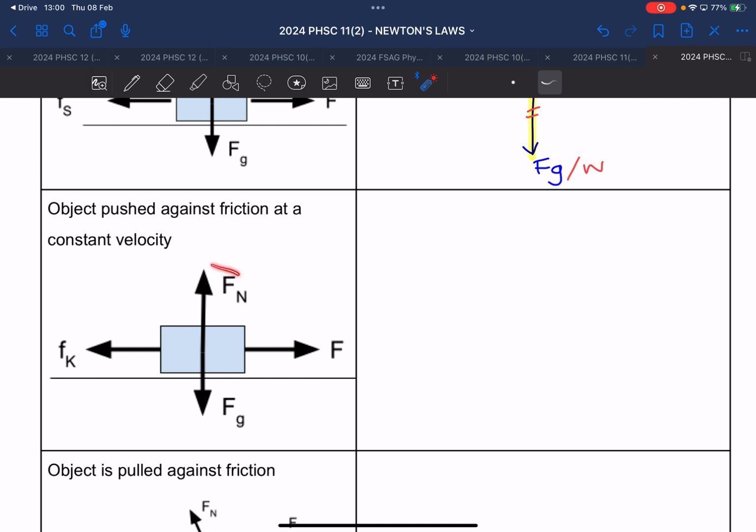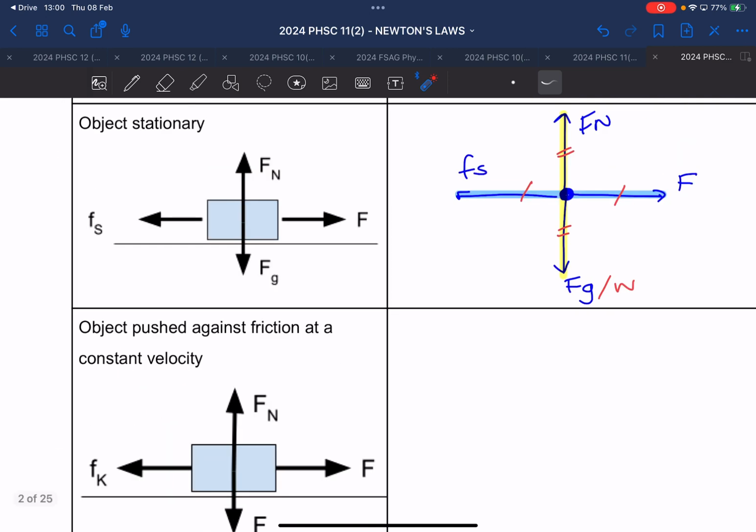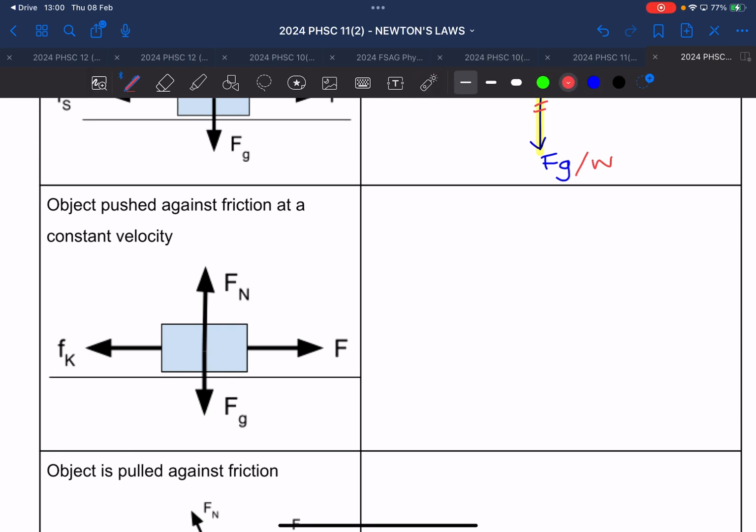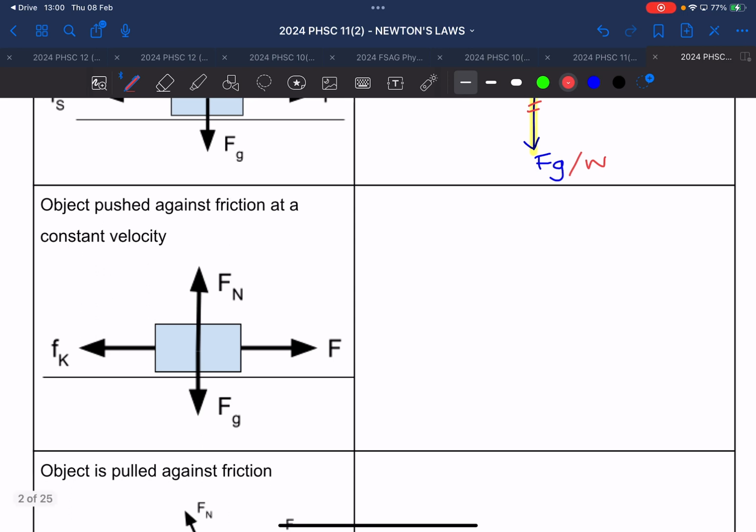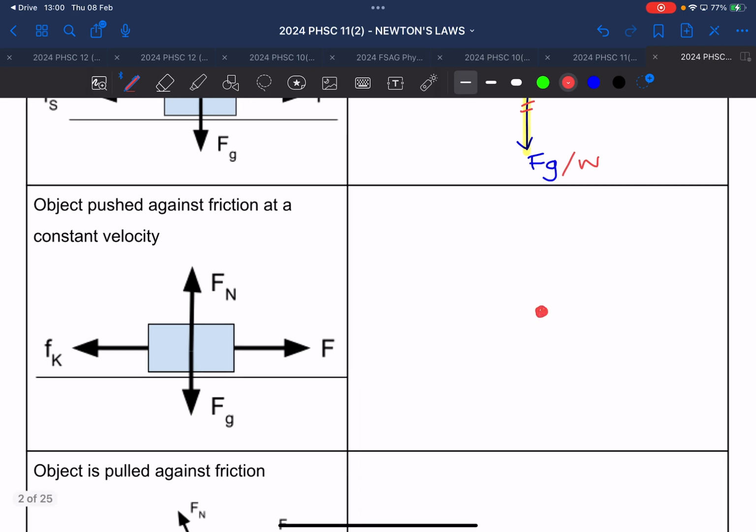Okay, so again you see the same scenario. So we have, and where am I with my question? Give me one of the forces acting on the object. And you're not just going to say gravity, you're going to say? Thank you very much.